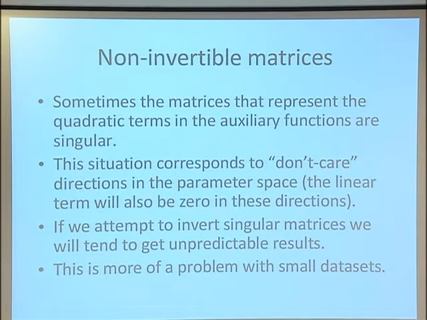So now this issue of non-invertible matrices. This is something that is kind of in search of a clean solution. Now, like I say, these matrices can sometimes have 0 eigenvalues, and that corresponds to the case where there are certain directions that you can move the parameters that would not affect the auxiliary function.